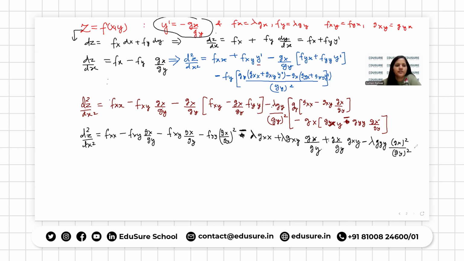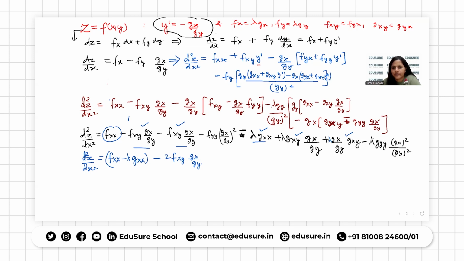Okay. So now in the next step, we will have d square z by dx2 equals to f of xx and minus lambda times g of xx. Then we will have minus 2 times f of xy gx by gy. So even this is gone. And then this is going to be minus lambda times gxy and again lambda times gxy.